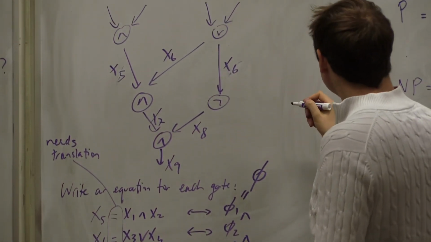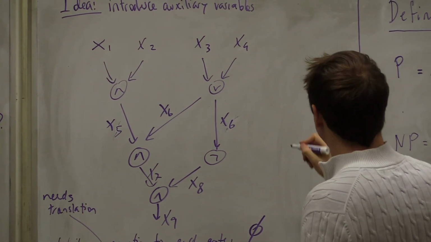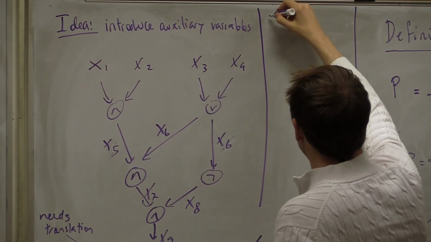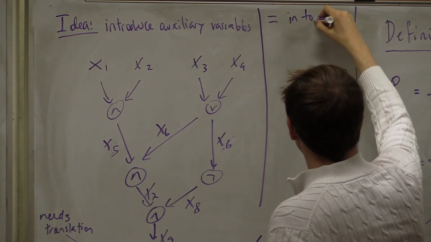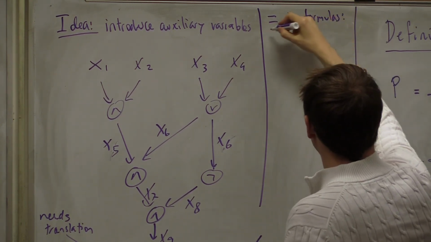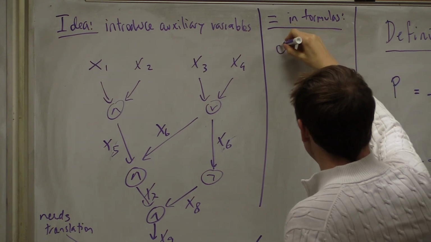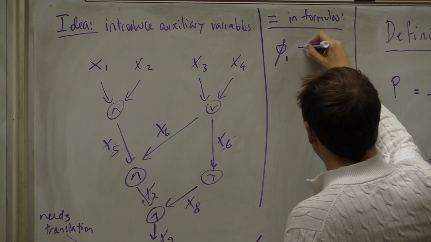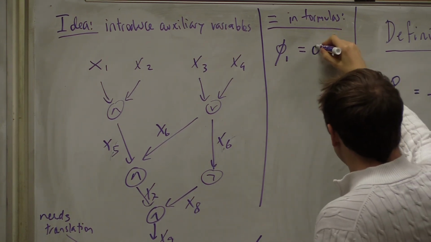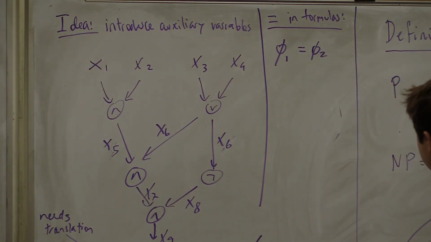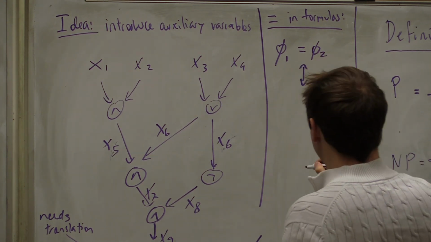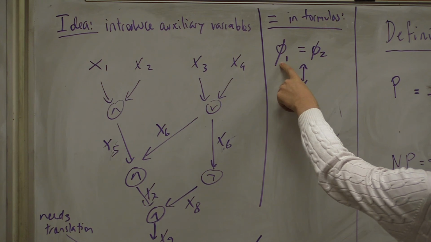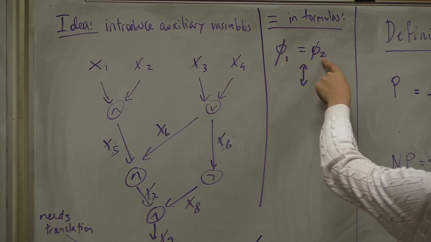So let me do it up here, okay? We're going to say equal sign in formulas. So suppose I have some generic formula phi1, and I want to say that formula should equal phi2. I can also write this in a different way and say, look, this formula will evaluate either to 0 or to 1, and this one will also be 0 or 1.